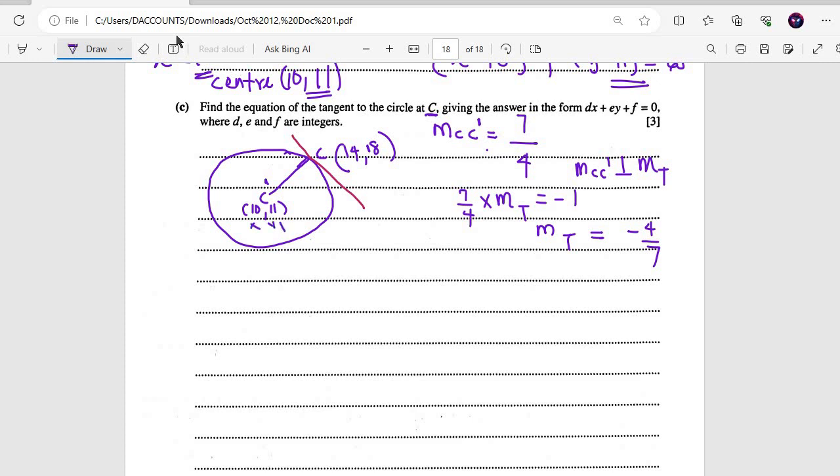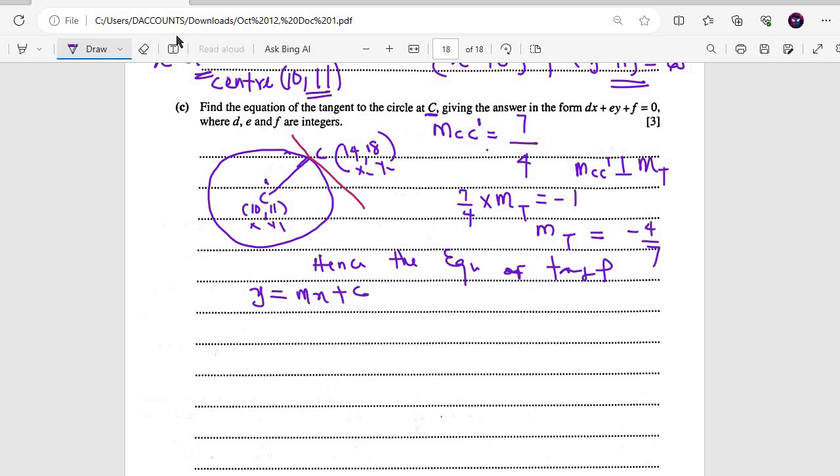18 minus 11 is 7, 14 minus 10 is 4. When you flip it, minus 4/7. So hence the equation of the tangent should be, let me use y equals mx plus c.